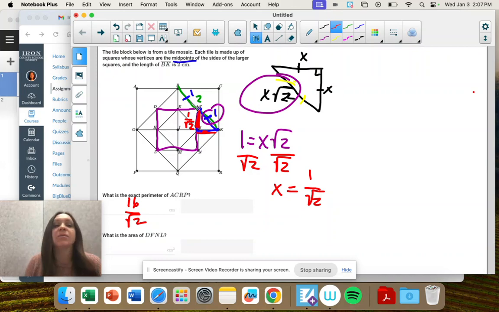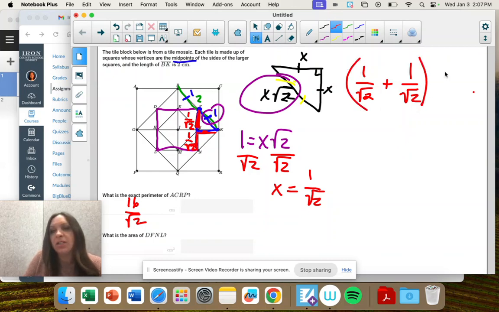And how many times is that? Well, each side length is going to be 1 over square root of 2 plus 1 over square root of 2. And then we're going to times it by itself. That's what area is. So this is 1 over square root of 2, and this is 1 over square root of 2. So the same thing, we're timesing it by itself.